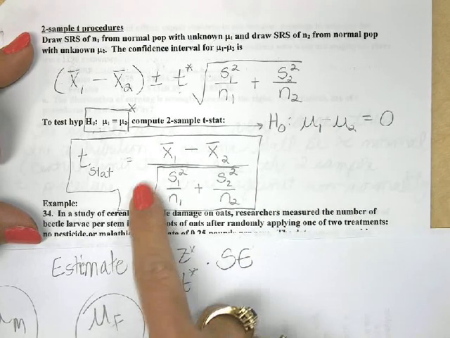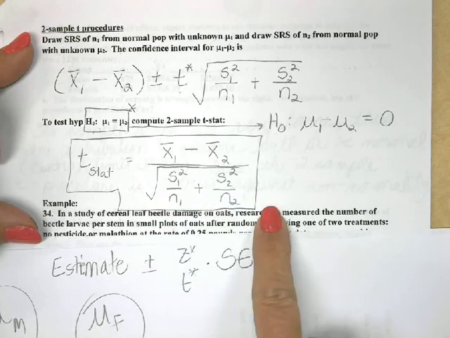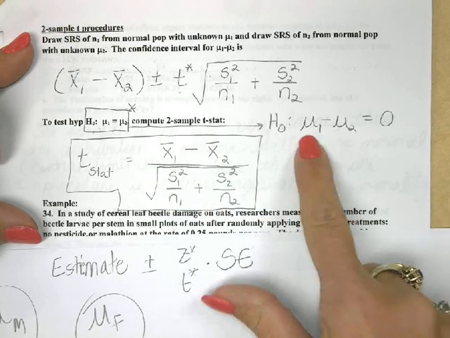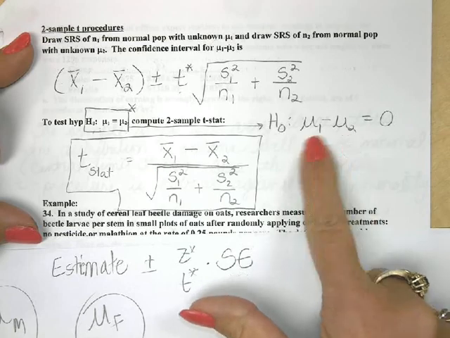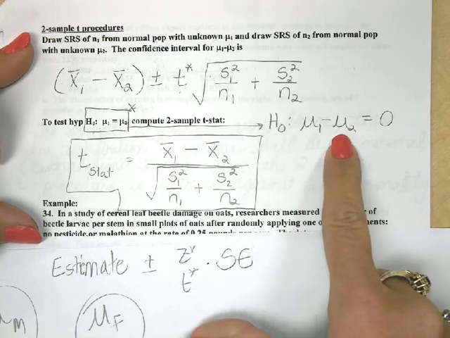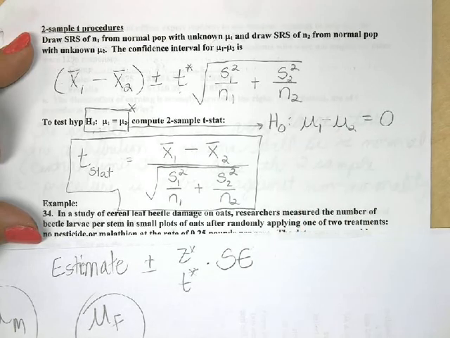So for us, most of the time, this will be the shortened version of the formula, because most of the time we'll be assuming that these two populations that we're looking at are equal, and then trying to find out whether we have information from our statistics to say that the difference is higher than 0, or possibly less than 0, or just not equal to 0. So that's kind of it in a nutshell. Now you're ready to practice.